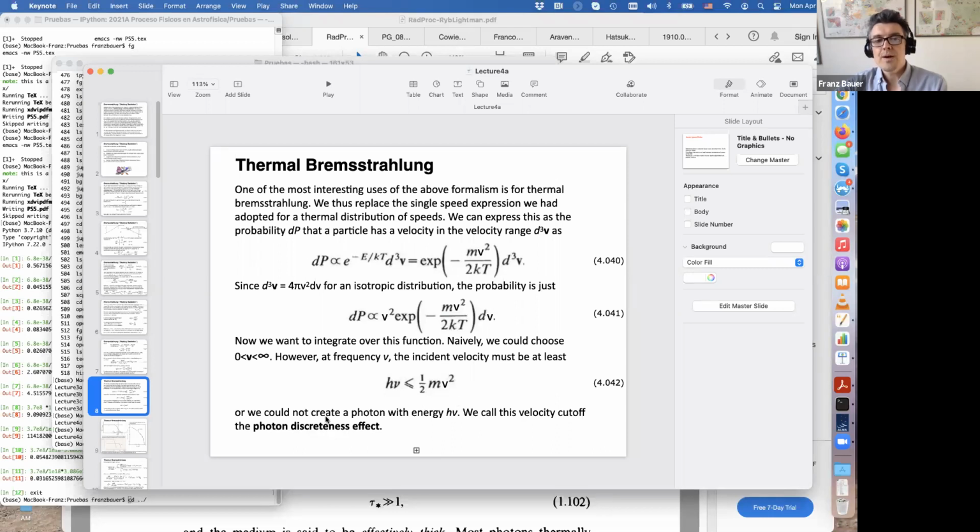Basically a distribution with this average velocity isn't going to create a photon with this average energy. This is what we call the velocity cutoff, due to a photon discreteness effect. What this really means is that because we have a limit in velocity, we'll have a limit in frequency.